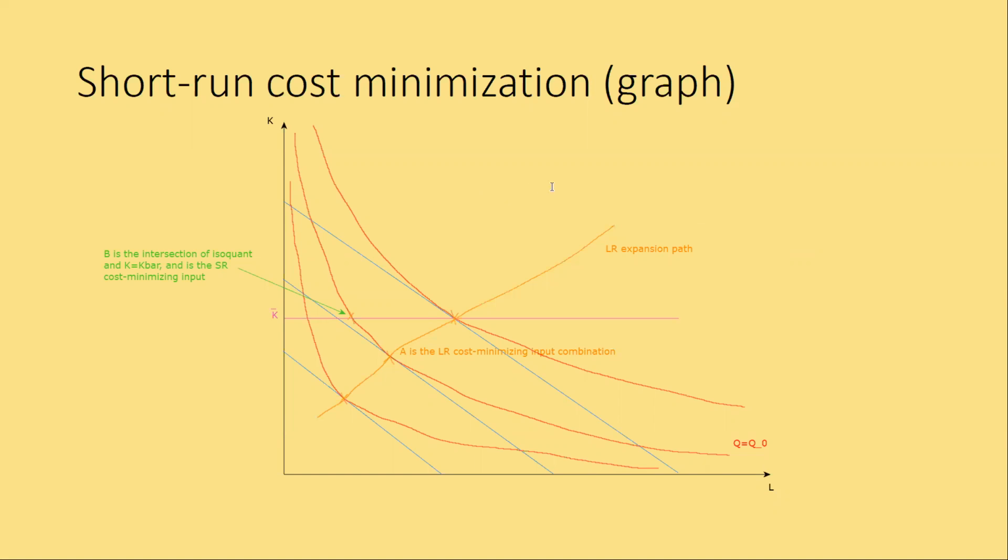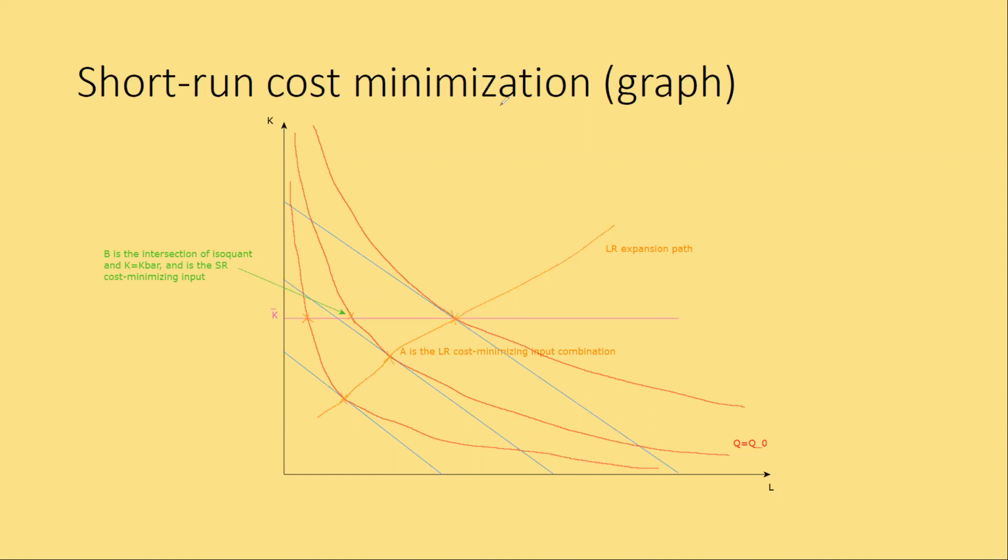Now, for the short run expansion path, we already did that when Q equals Q0, this point B is the short run optimal point. And we may realize that when we are looking at a different level of target output, the firm similarly does not have the choice to choose capital, but can only find the point where it is the intersection of the isoquant and the horizontal line K equals K bar, right?